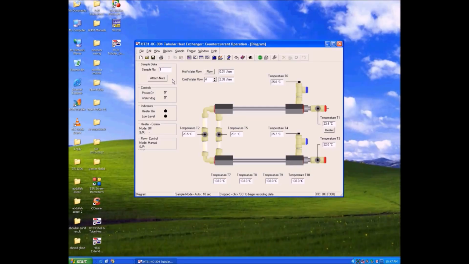The cold water flow is 2.38 adjusted and it is not working, so it is direct, so no need to increase this number 4, 5, 6, because we don't have a controller for cold water flow. We can adjust it from the inlet water tap, and you can make it partially open or close to adjust this flow rate manually.